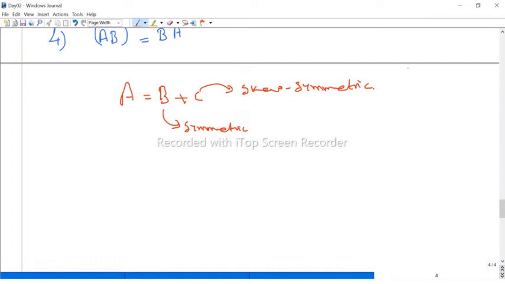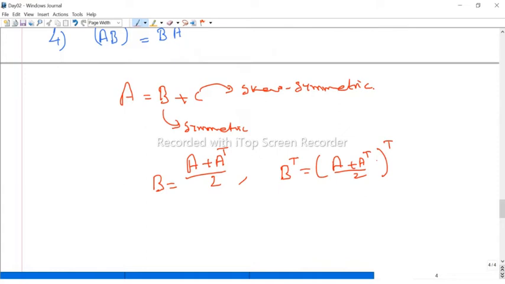Actually that matrix B is nothing but A plus A transpose by 2. We are going to show that this B is a symmetric matrix. Why? Because we obtain B transpose, which is A plus A transpose by 2 whole transpose, taking the transpose on both sides. Now 1 by 2 is a scalar, so we can take it outside.